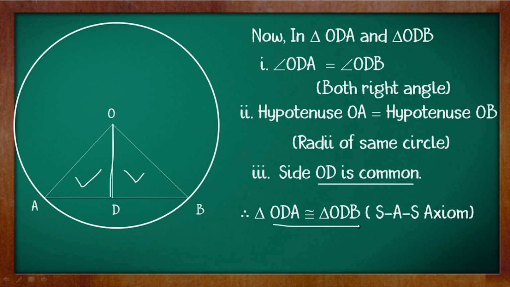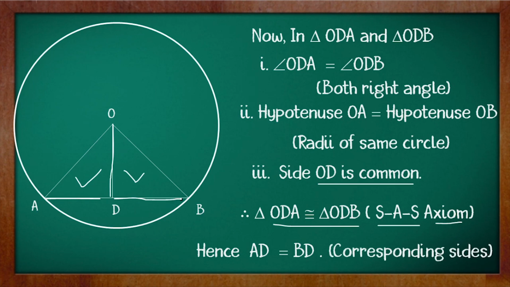They are exactly the same, and this is by the side angle side axiom. So now, if they are exactly the same, the side AD will be equal to side DB. And why are these two sides equal? Because they are corresponding sides. So this is how we prove this theorem.